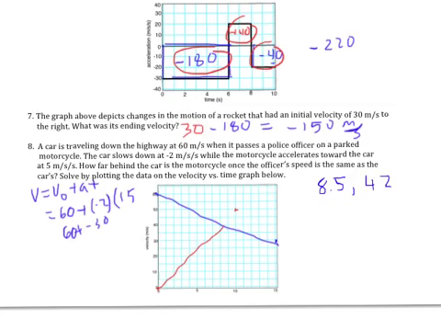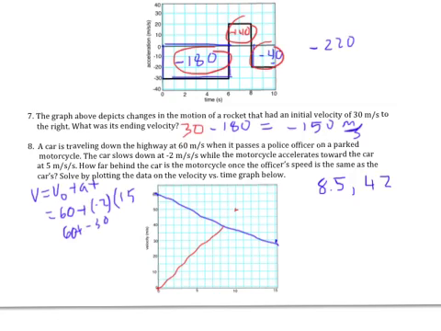So if I say, well, this area here is going to be 42 times 8.5 divided by 2. So what I get is 42 times 8.5. Oops, I did it wrong.